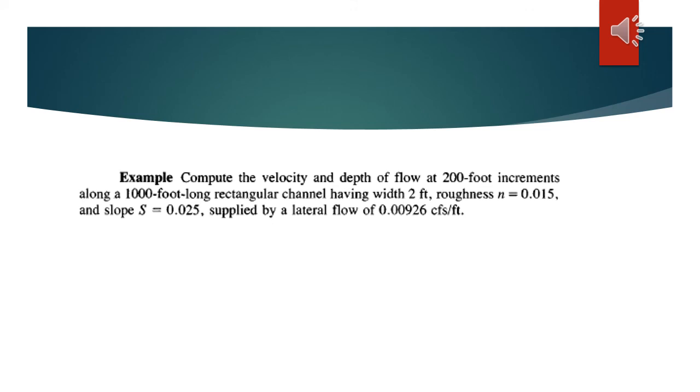And the last example is: compute the velocity and depth of flow at 200 foot increments along a 1000 foot long rectangular channel having width 2 feet, roughness n equal to 0.015 and slope s equal to 0.025, supplied by a lateral flow of 0.00926 cubic feet per second per foot.